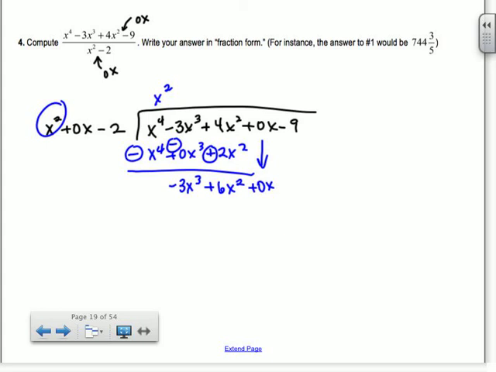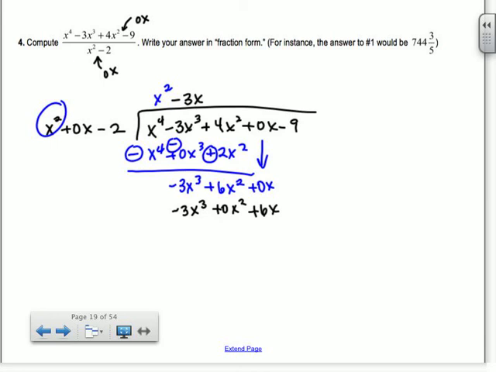Okay, so the next step, so I say, what do I multiply x squared by in order to get negative 3x cubed? So I need negative 3x. So that gives me negative 3x cubed. Negative 3x times 0x is plus 0x squared. Negative 3x times negative 2 is plus 6x.